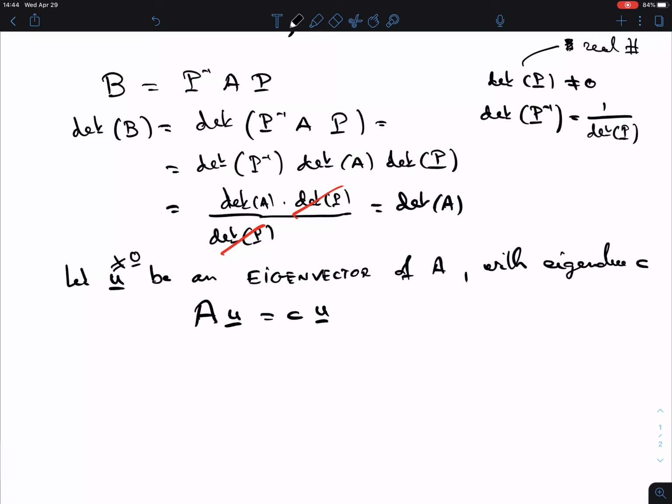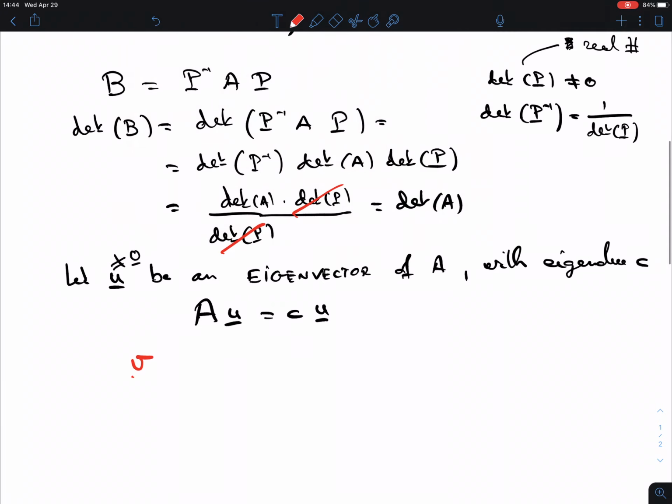That's the definition of an eigenvector. Go look it up. Now let's look at the following vector. The vector V that I get by P inverse U. P, the inverse of P, they're all square matrices.